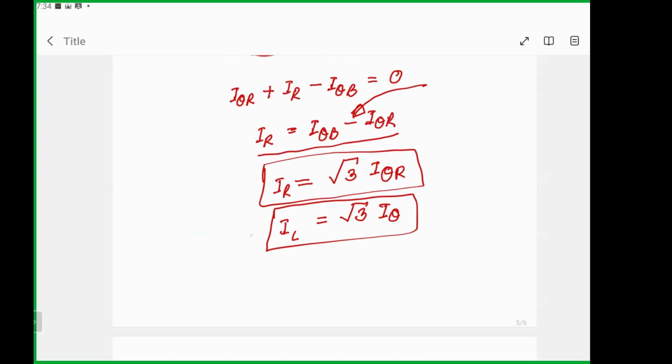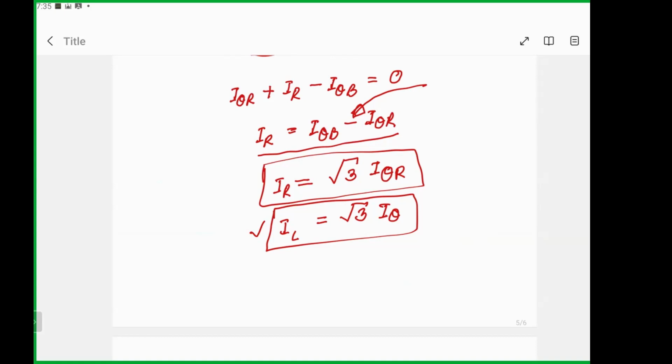So the line current will always be higher than the phase current. In delta connection, the line voltage and phase voltage are the same, but in star connection the phase voltage will be smaller than the line voltage; in star, line voltage is higher than the phase voltage.